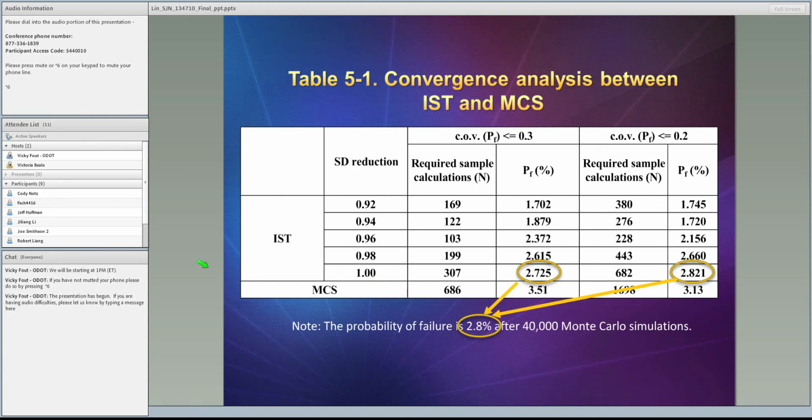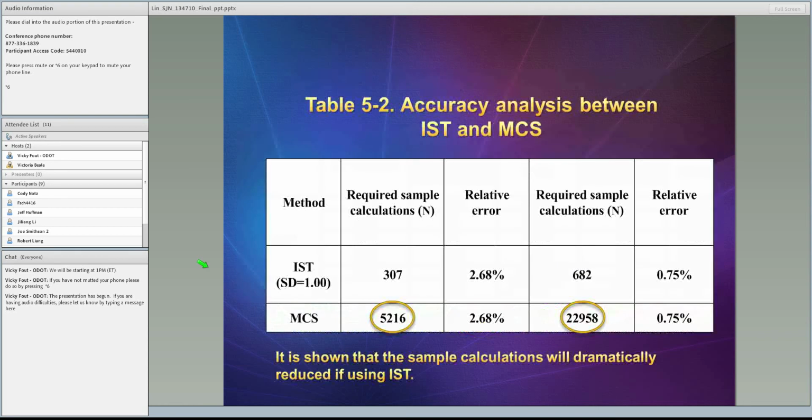However, if we use Monte-Carlo simulation, we have to generate 5,000 samples. Also, to get a relative error with the true value equal to 0.7%, we need 682 importance sampling calculations. However, using Monte-Carlo simulation, we have to generate 22,900 to get the same relative error, which means the same accuracy.